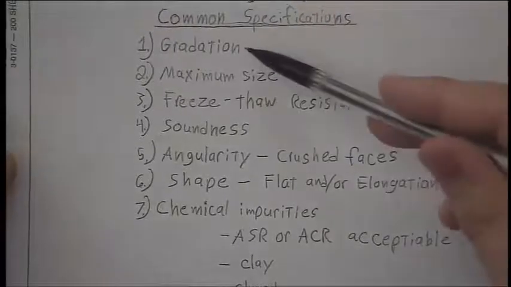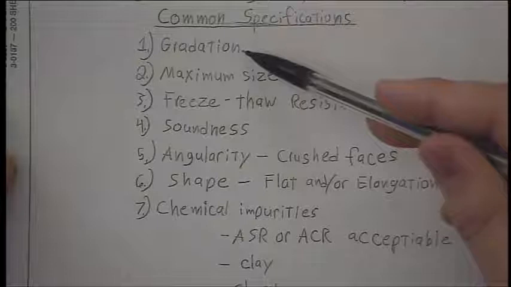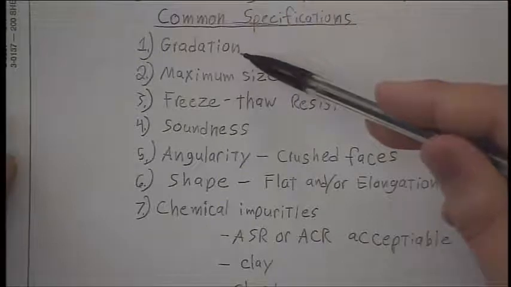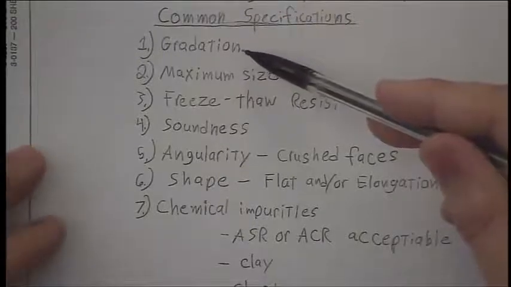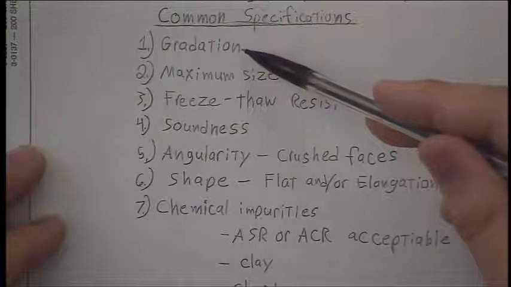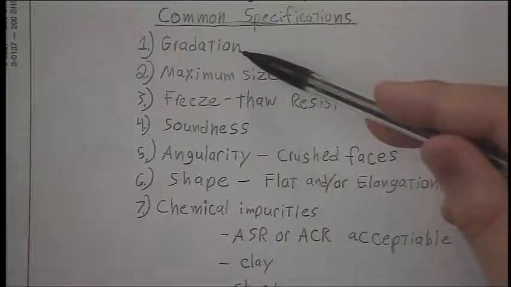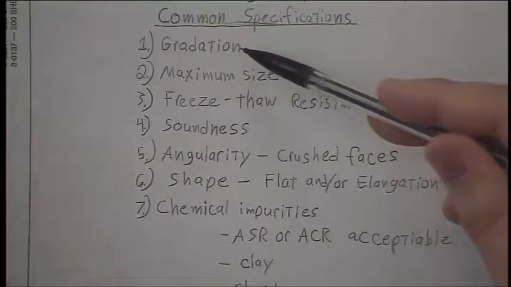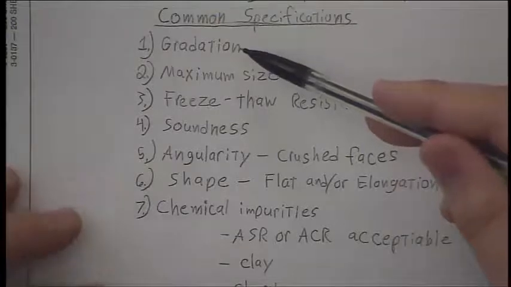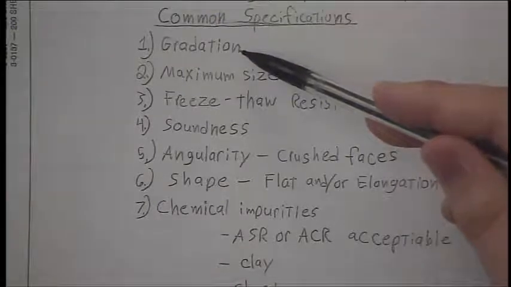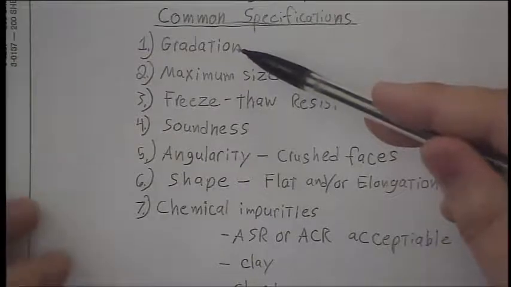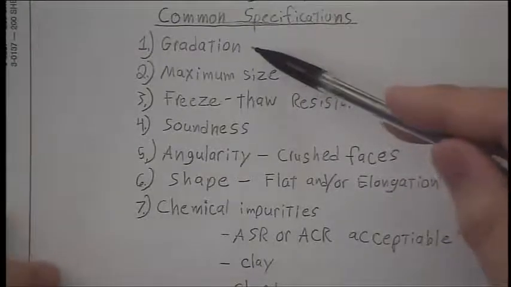So you almost always have a gradation specification. I mean, you just always have one. People may say, I don't really care, I just want an ASTM 57 stone, but they still don't want a single sieve size. If you actually go and talk to them, hopefully they understand that though.